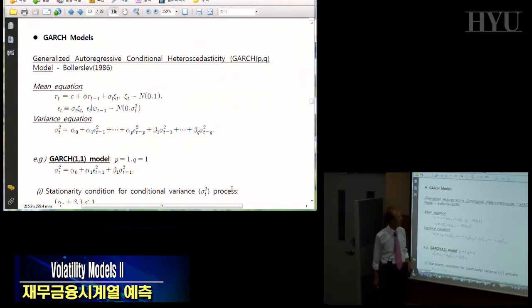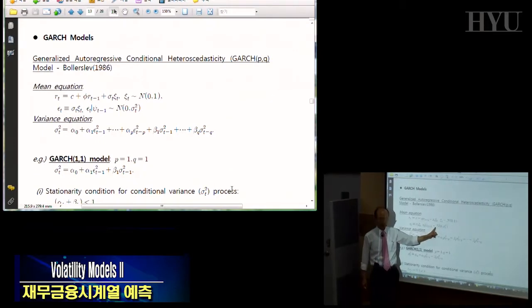But our assumption is, well, it has a mean of zero, but the variance is time varying, okay? So that's the difference, a starting point. Of course, we'll introduce a distributional assumption. In this case, normality.